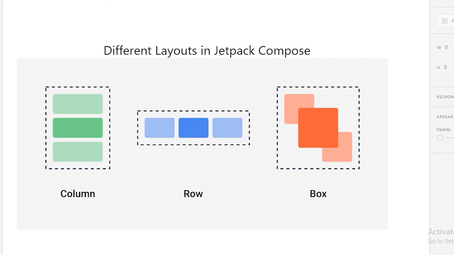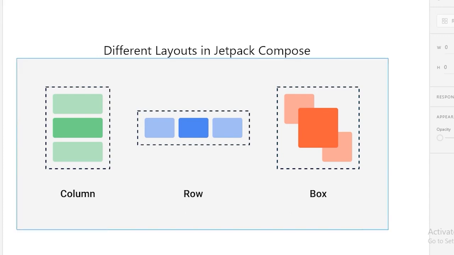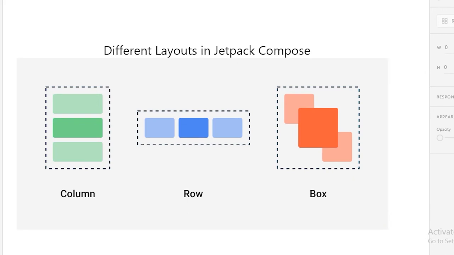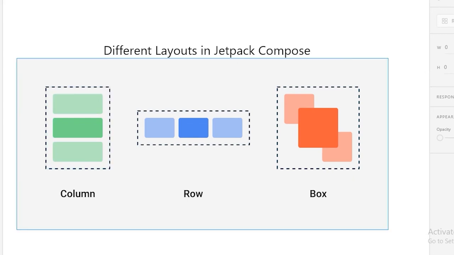Okay, so before jumping onto the scrollable content, first we need to see the different layouts in Jetpack Compose. Okay, so these are the three majorly used layouts. First one is column. In the column layout, the children of this layout are like this, first above and below.